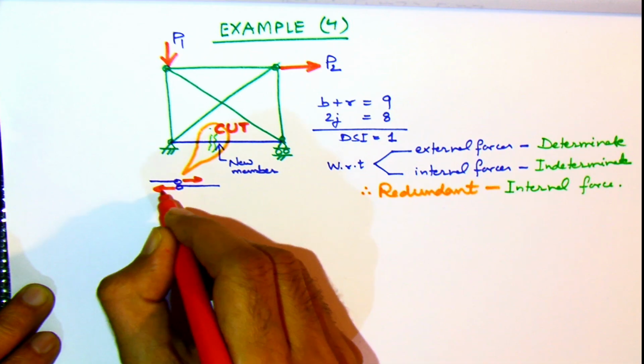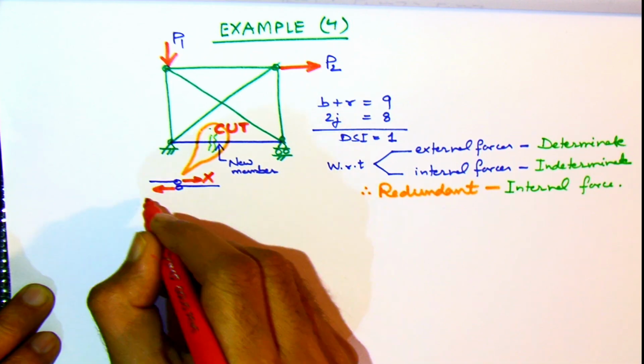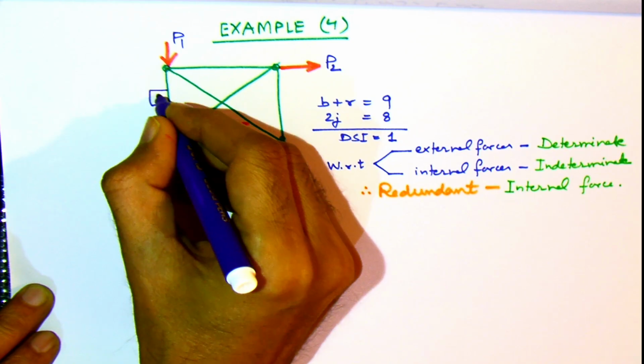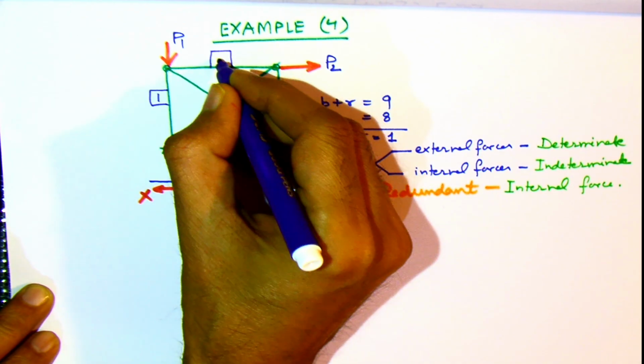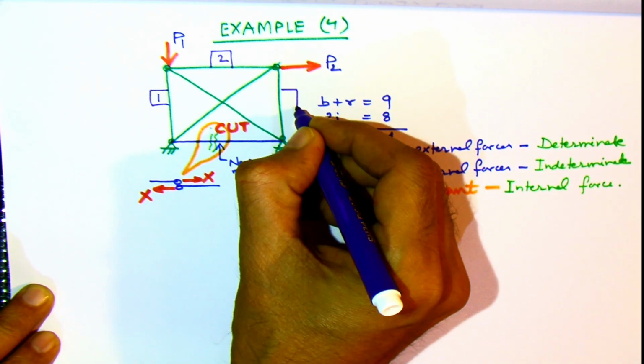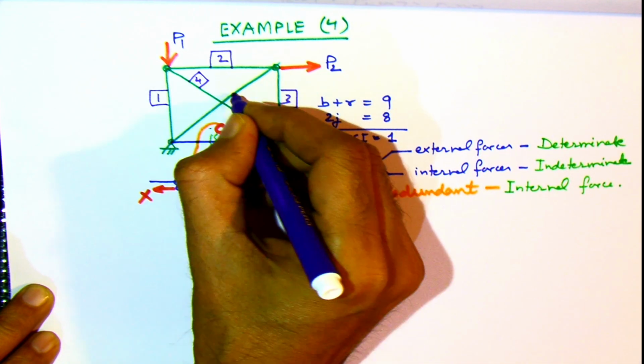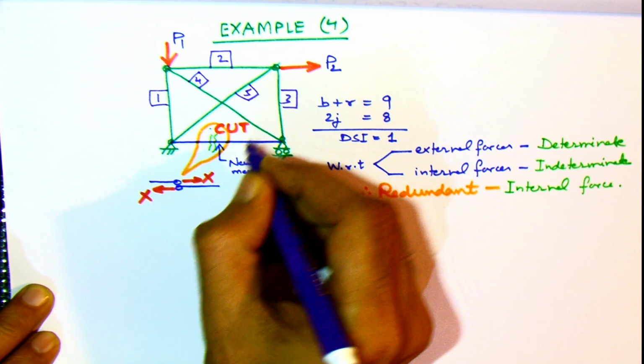These are shown in an exaggerated manner, but both the points where the pair of forces X are shown are one and the same. Just for the sake of clarity, they are shown one on top of the other. Now we mark up the members as before 1, 2, 3, 4, 5, and we add the sixth member.